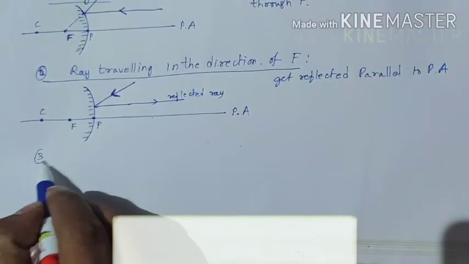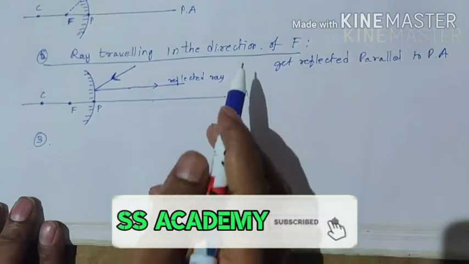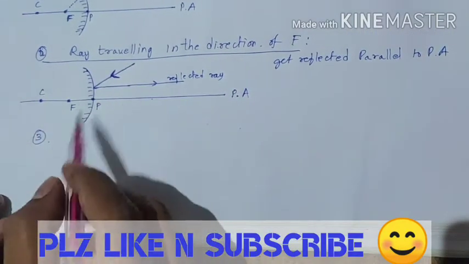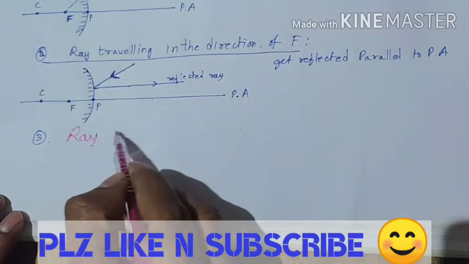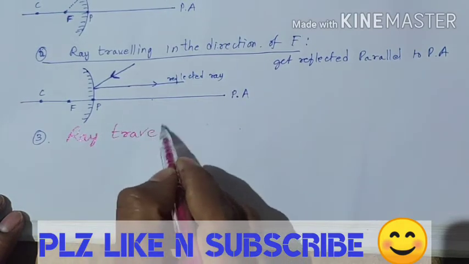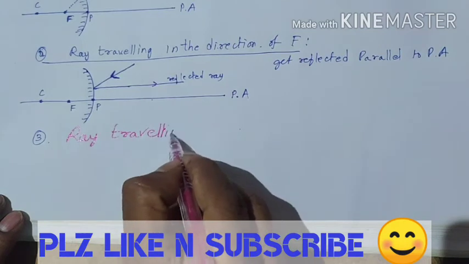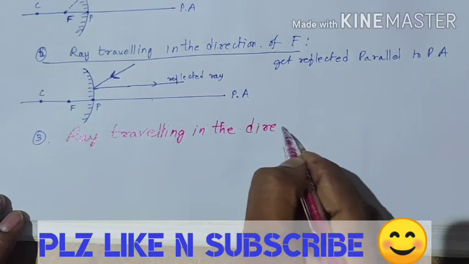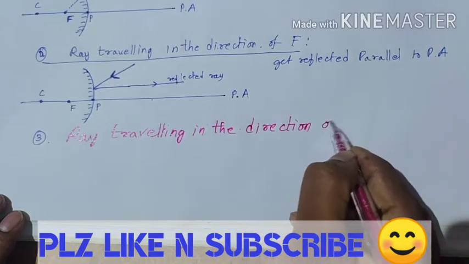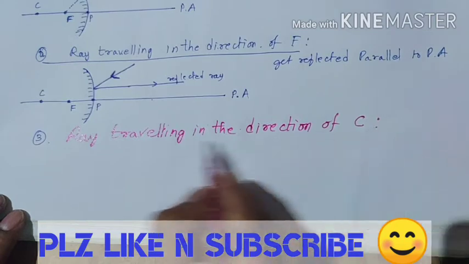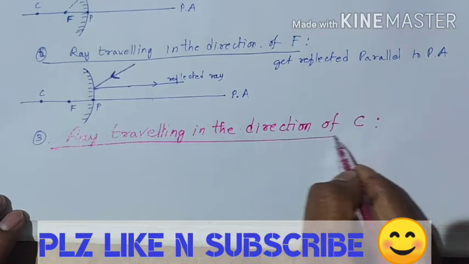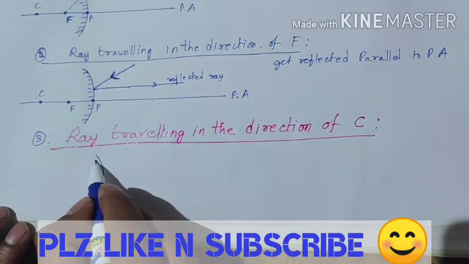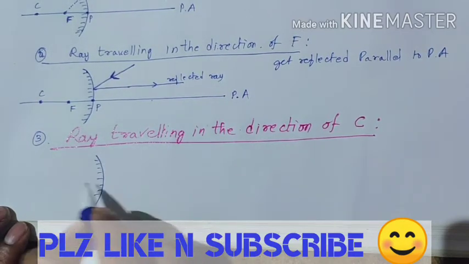Now let's move on to the third one, which is the ray passing through the center of curvature. That means the ray traveling in the direction of center of curvature. So here I am taking the convex mirror, non-reflecting surface.